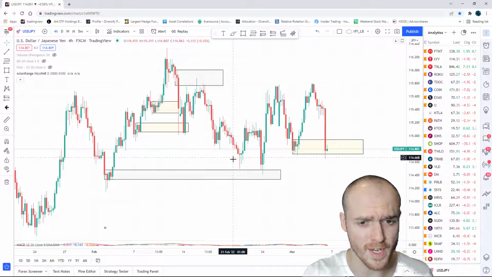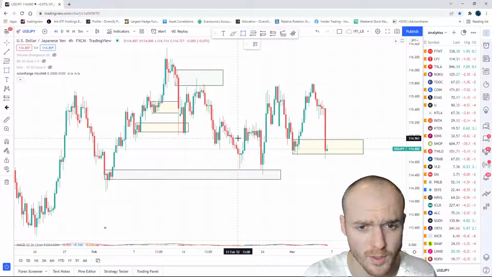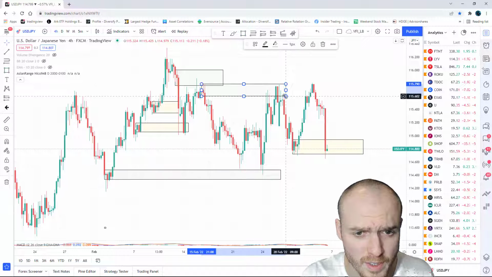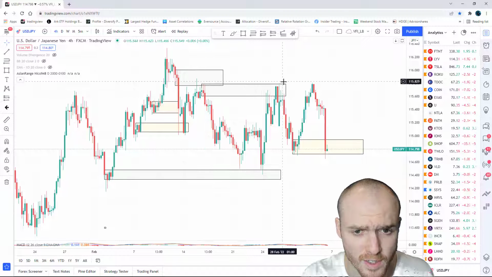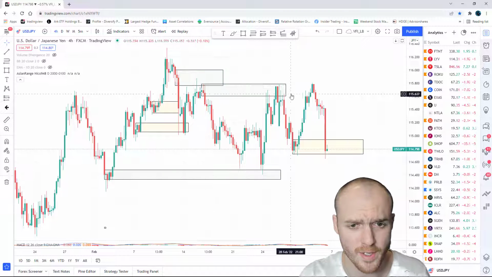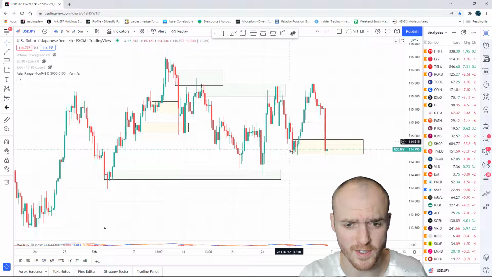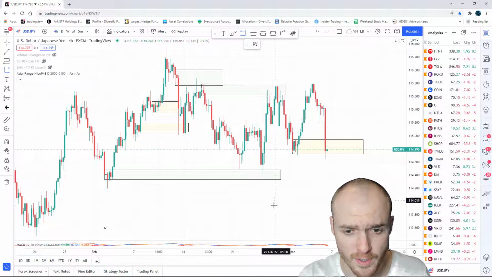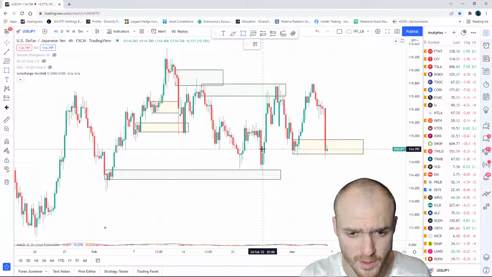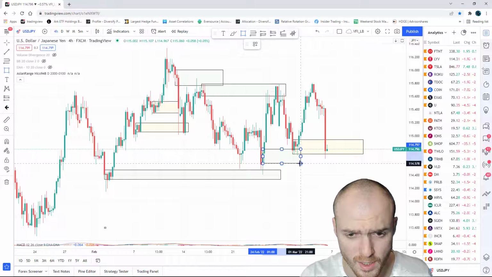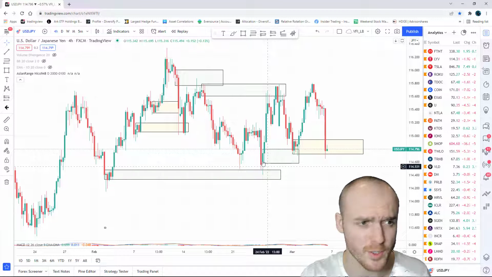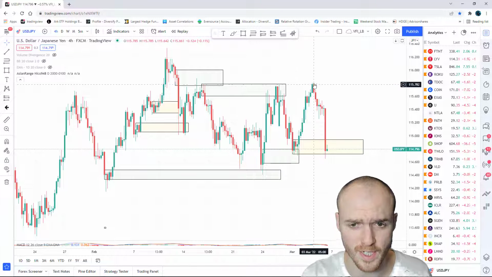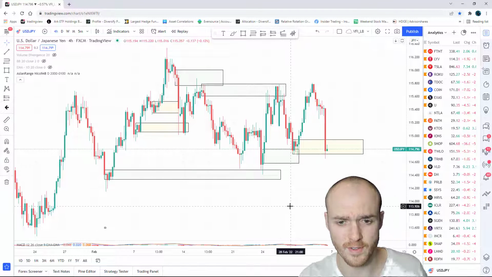Price reacted off of that and went lower, and we can even consider this one right here as having worked, as it would not have wicked us out, and price rebounded off of that quite nicely. There's another one right over here. Price reacted pretty nicely. You can't really see it on the 4-hour chart, but there's a nice order block in here, and price reacted and tested that high.